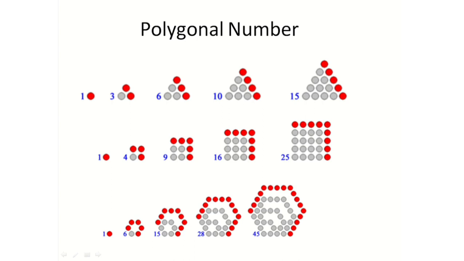And if I want to make a hexagon of side length 3, I must have at least 15 dots, and we have to find the formula for any polygonal number of some given side length n and polygon of side A.